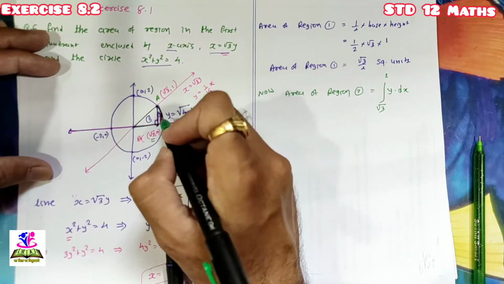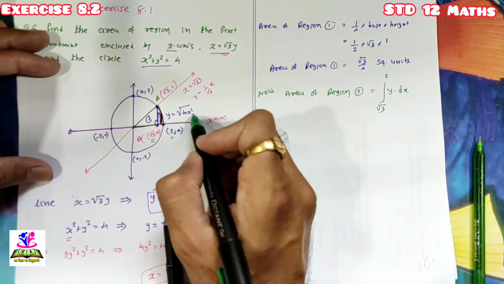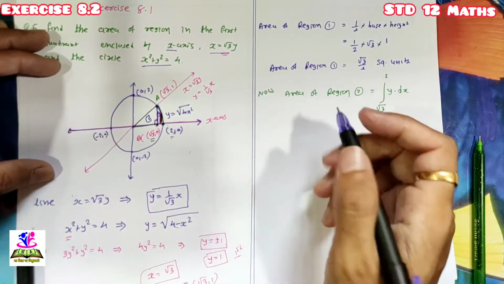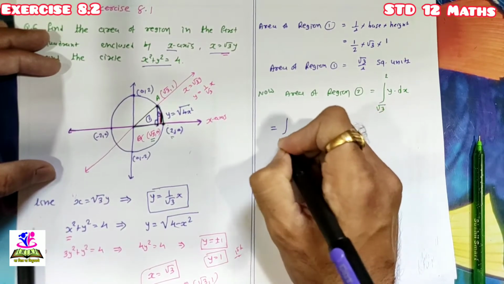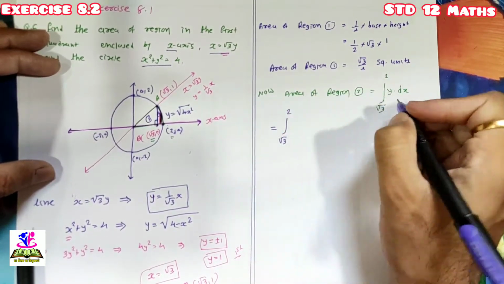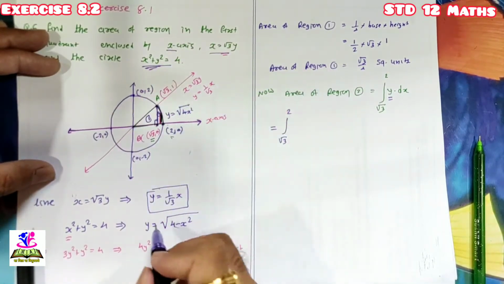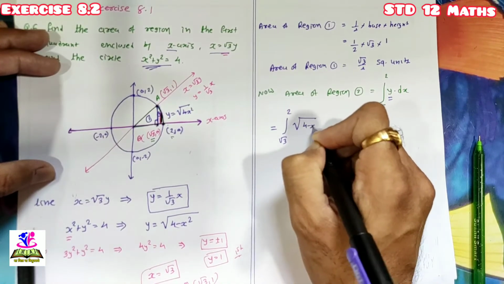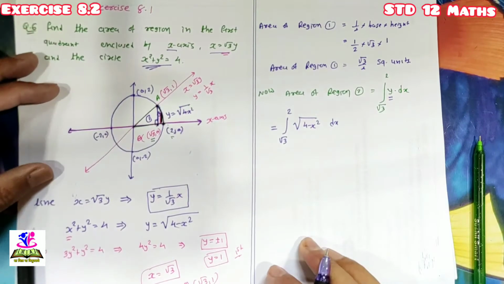This is our function y, and we have written our equation of circle in terms of y, which is 4 minus square root of 4 minus x square. Put the value over here. So area of region 2 equals integration from √3 to 2 of y, which we wrote from here, this one, square root of 4 minus x square dx. Done.